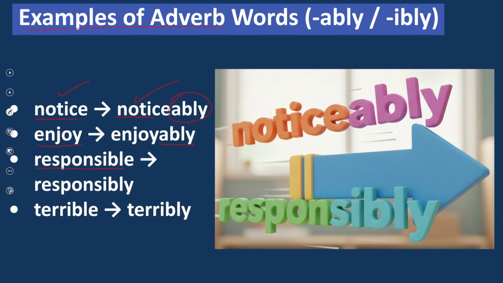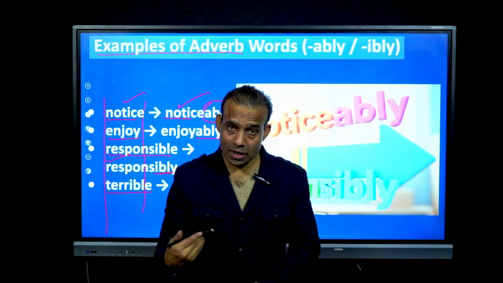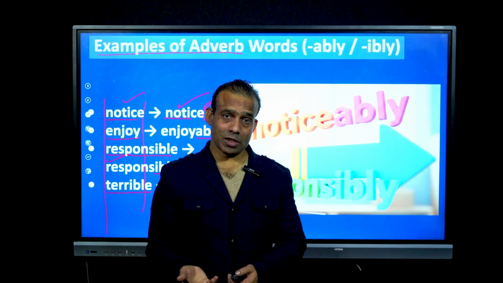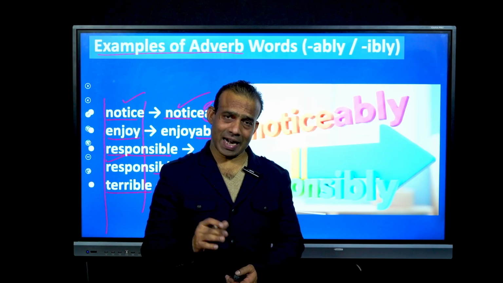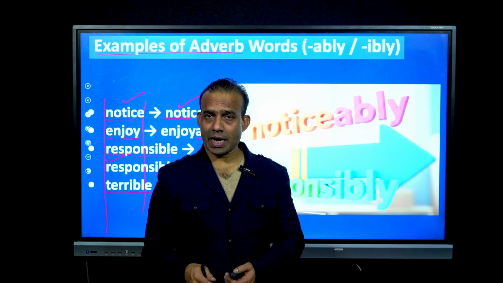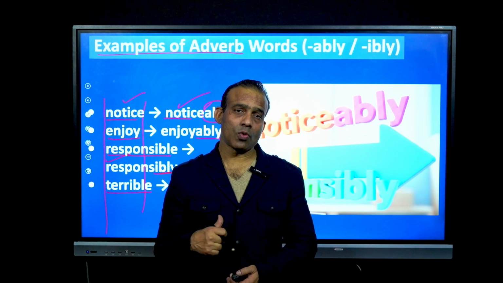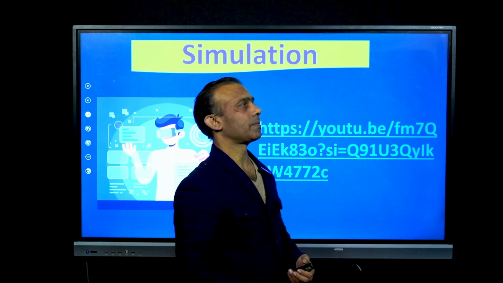Responsible, yes, and we add ibly, responsibly. Terrible, terribly, yes. So by adding these two suffixes ably and ibly at the end of these roots, we have converted them into adverbs. So, dear learners, these are the examples of making adverbs by adding ably and ibly at the end of some root words. Move to the next slide.